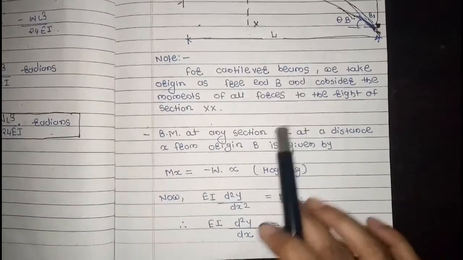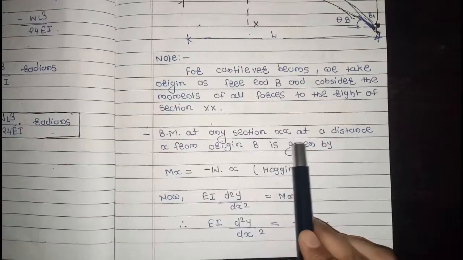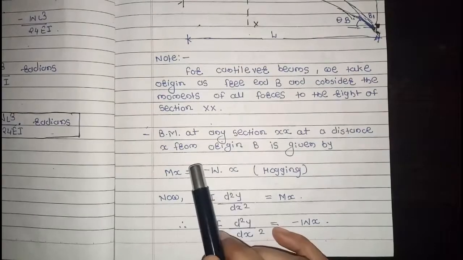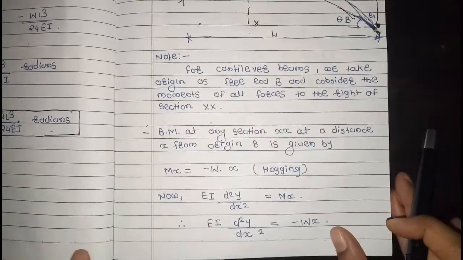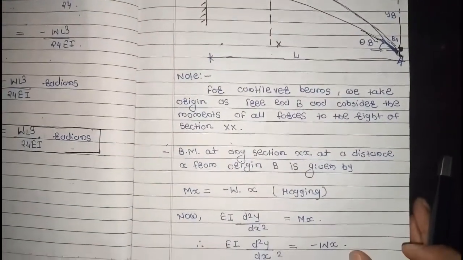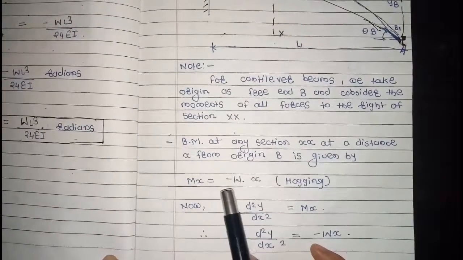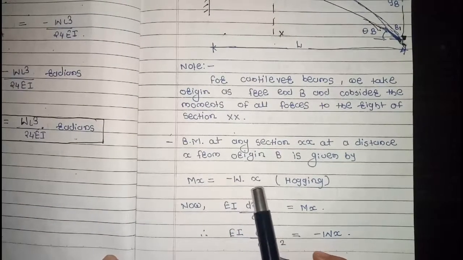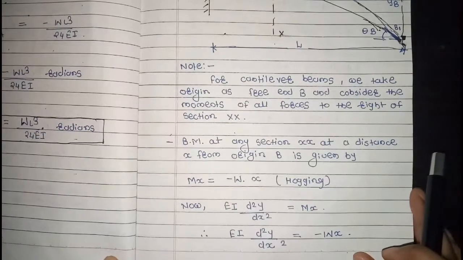So the bending moment at any section XX at a distance X from origin B is given by Mx is equal to minus W into X.